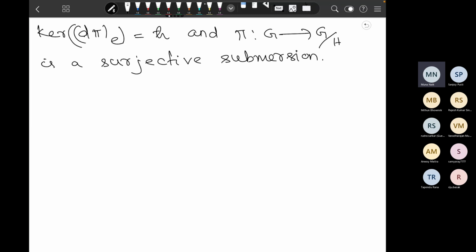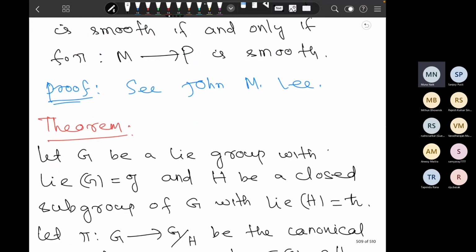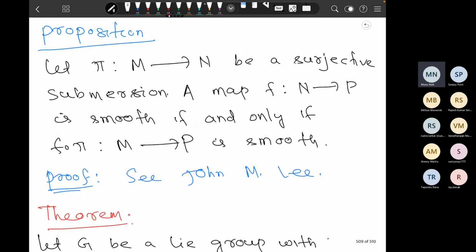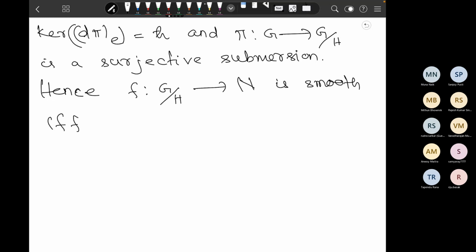Now the thing is, I have written that this π from G to G/H is a surjective submersion, so I can apply the previous proposition. Hence, a map f from G/H to N is smooth if and only if f ∘ π from G to N is smooth.